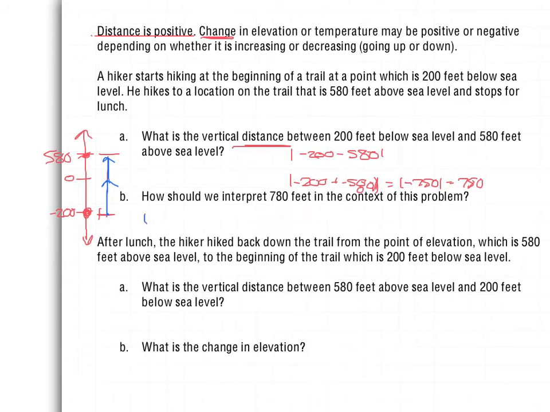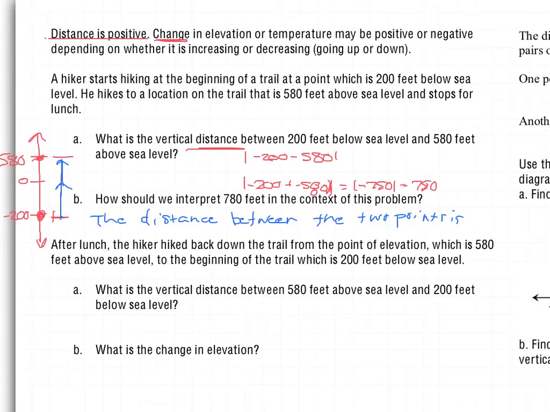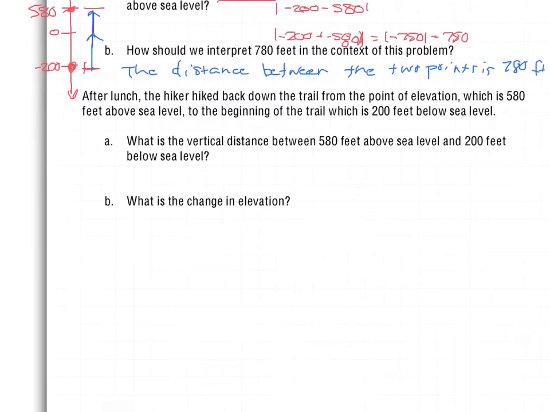Using that same language, the distance between the 2 points is 780. Make sure we get our units in there since we're talking about a real world problem. 780 feet.